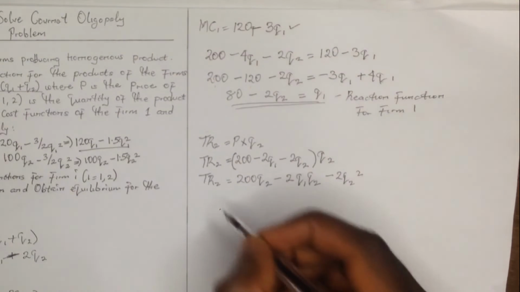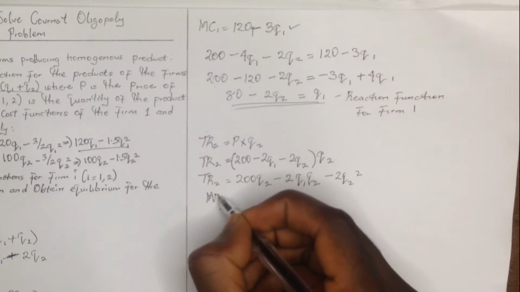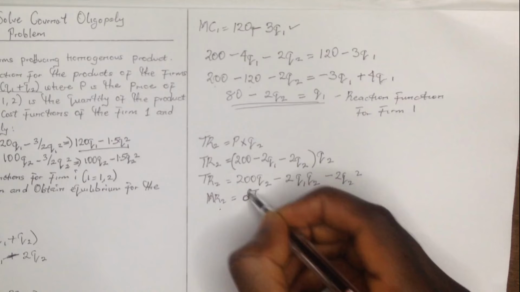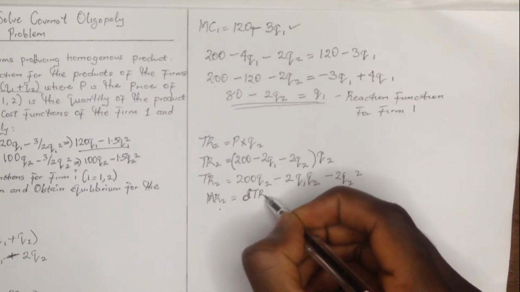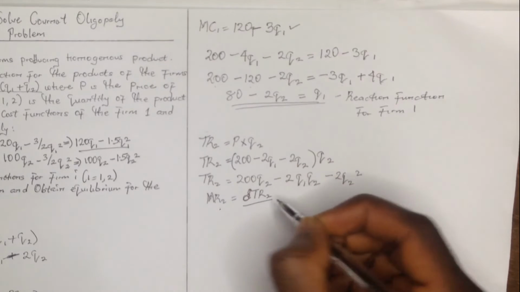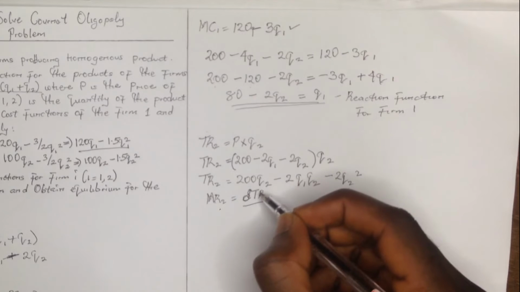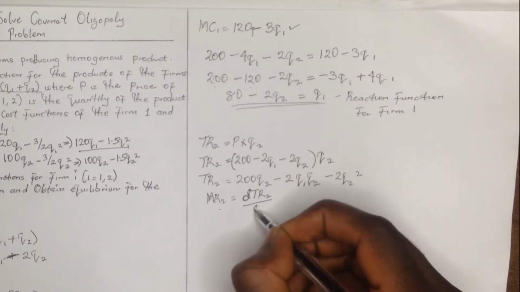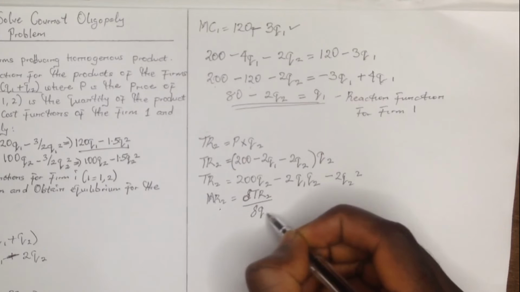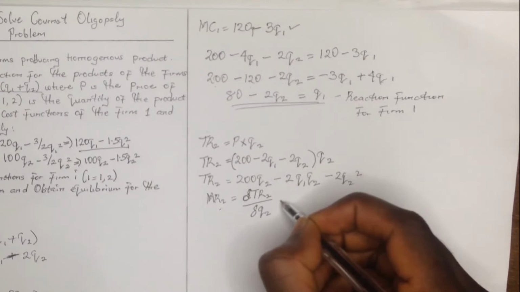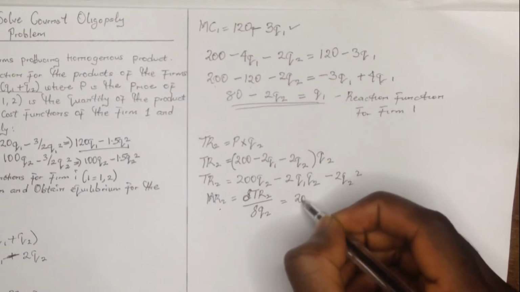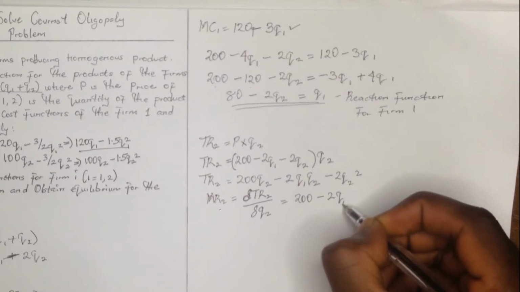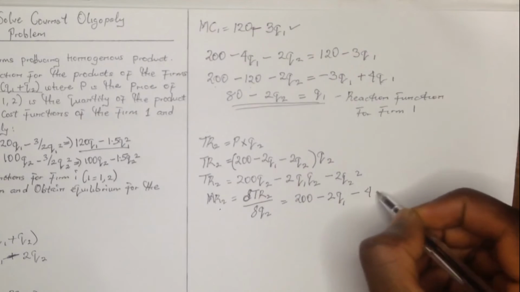I hope you get that. The marginal revenue for firm 2 is the partial derivative of TR2 with respect to Q2, which is 200 minus 2Q1 minus 4Q2.